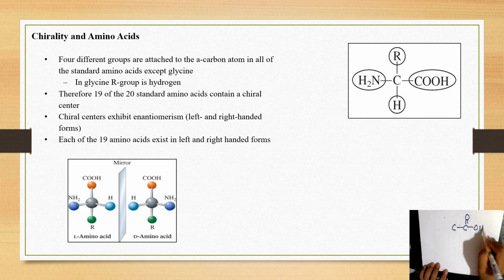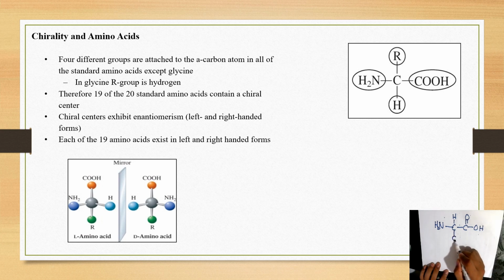That's the amino group and the hydrogen. Now let me draw the R group below the alpha carbon.